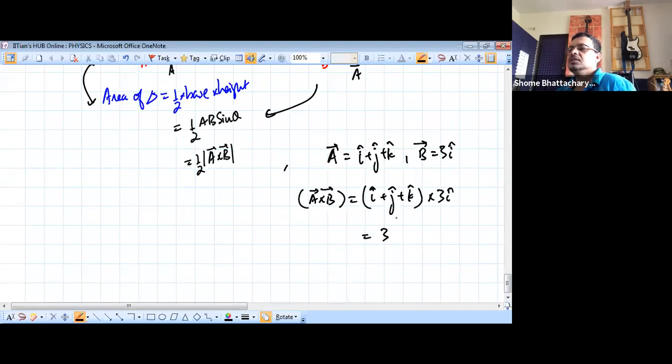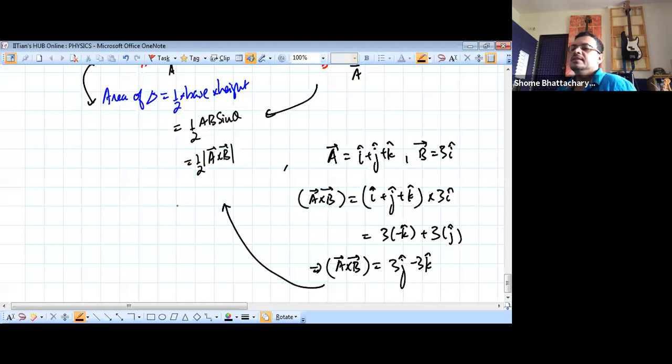You can see that j cross i is minus k, so that gives minus 3k, plus 3 into k cross i, which is j. So it is 3j cap minus 3k cap. That is our A cross B in components.